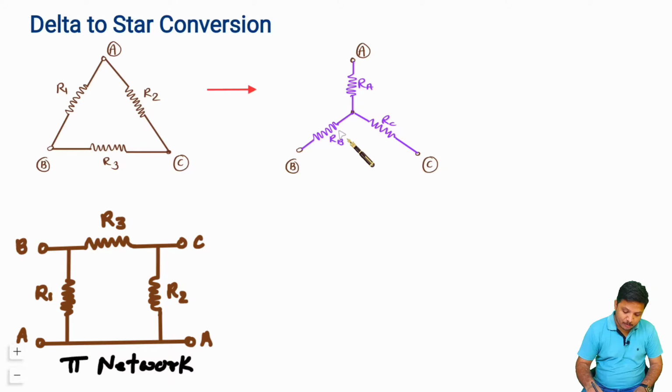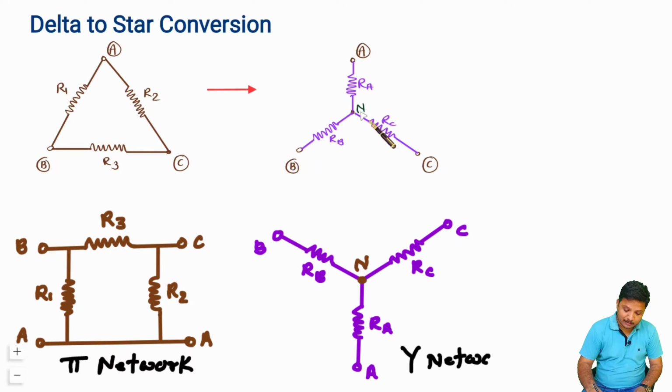Now when we talk about star network, then in star network we have three elements which is connected in form of star, where this is neutral terminal, that one can say, and this star network, that is also referred as Y network. Why? The reason is if you invert this network, then it will be similar to Y network. You can see it over here.